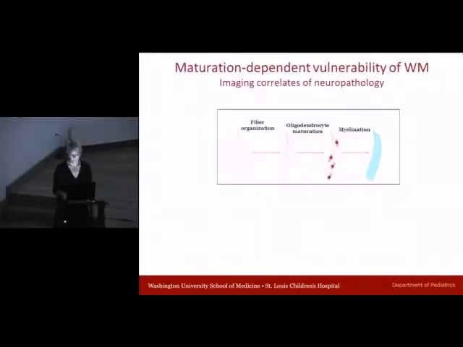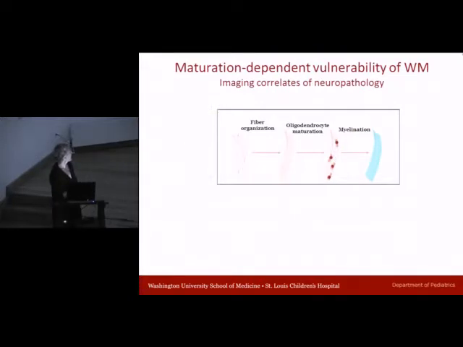So why is the white matter so vulnerable to injury in our premature babies? Well, the white matter is maturing at a rapid rate. It's going from these little axons here that are all disorganized, they're lining up. And then the key cell that we're going to talk about is this little guy here, the oligodendroglia. Really fancy name for a little tiny cell.